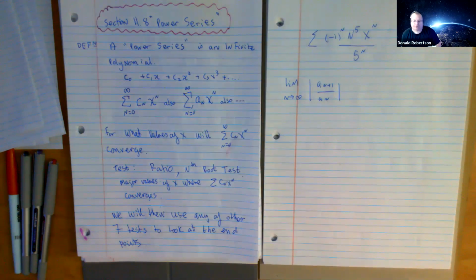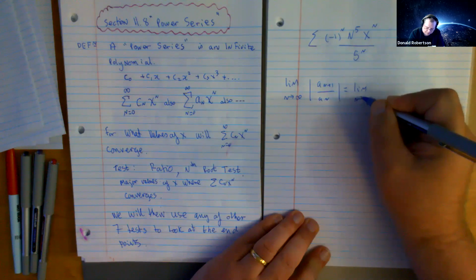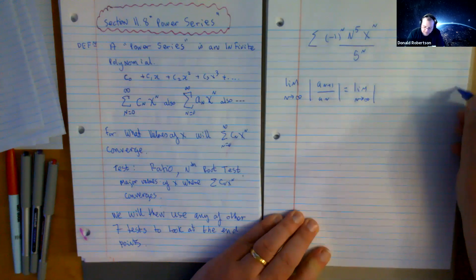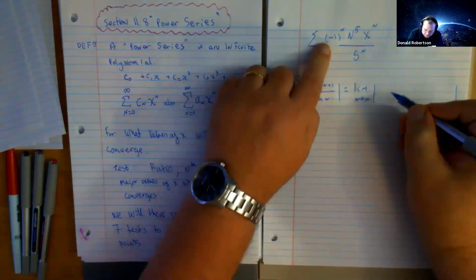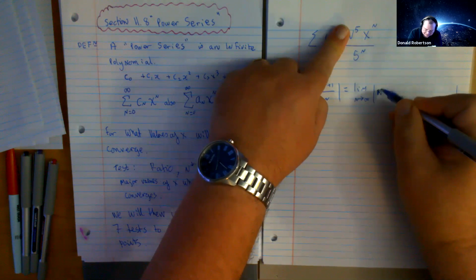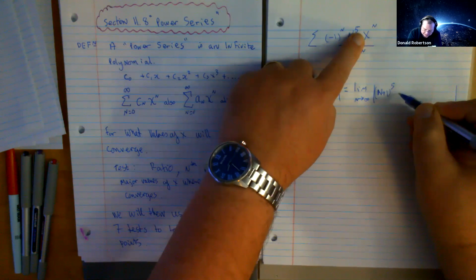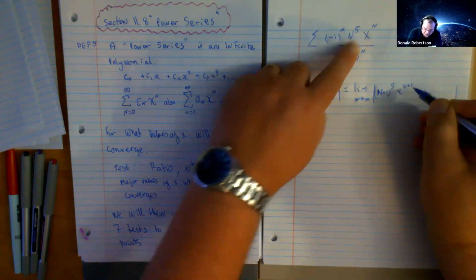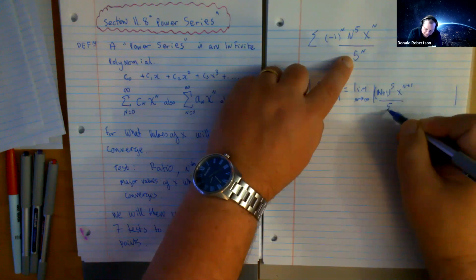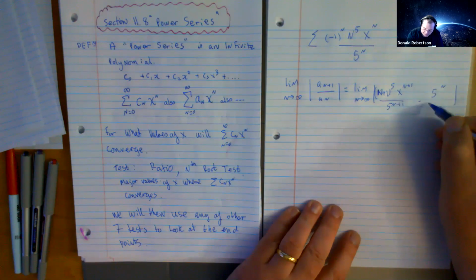Is our ratio test? Okay. Well, I just remembered to not do that. (n plus 1) to the 5, x to the n plus 1, 5 to the n plus 1. Turn them upside down.